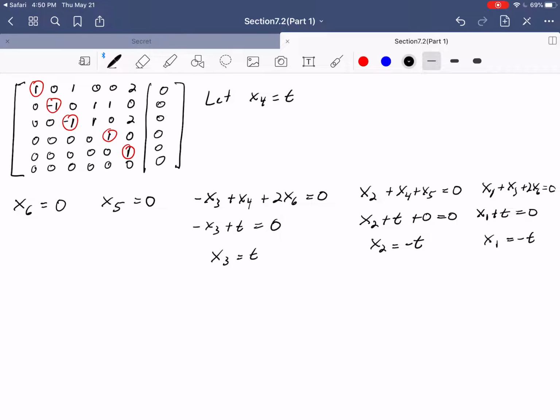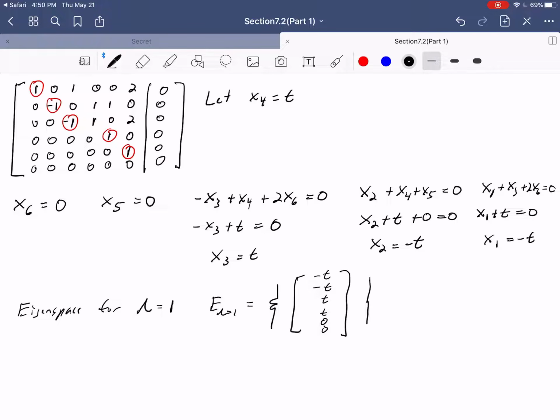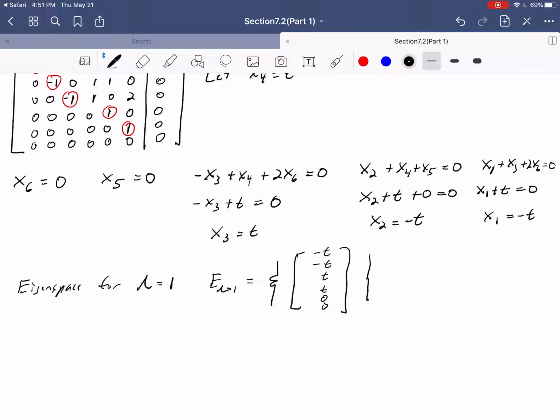So the eigenspace for lambda equals 1, which we could denote as E lambda 1, would be anything of the form negative t, t, t, t, 0, 0. There we go. So that would be our eigenspace there.